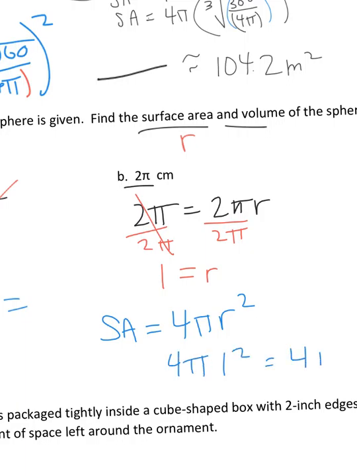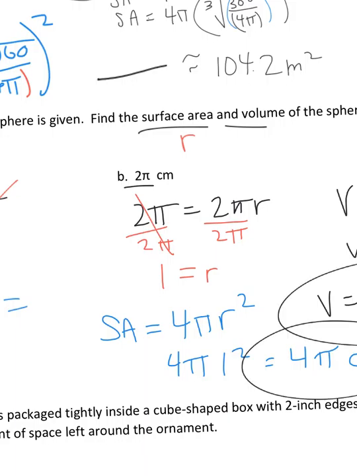Surface area equals 4 pi centimeters squared. And then I'll do volume. Volume equals 4/3 pi r cubed, 4/3 pi 1 cubed. So volume equals 4/3 pi centimeters cubed. So here are my two answers, and it's not on there that I need to round to the nearest tenth, so I'm just going to keep it exact.